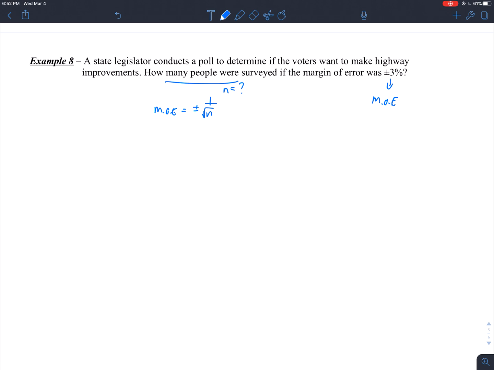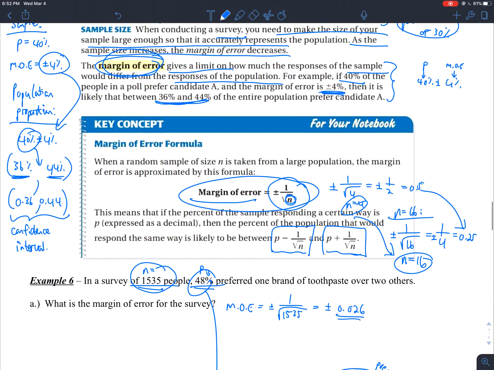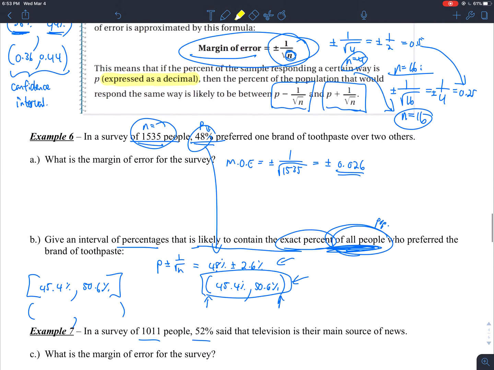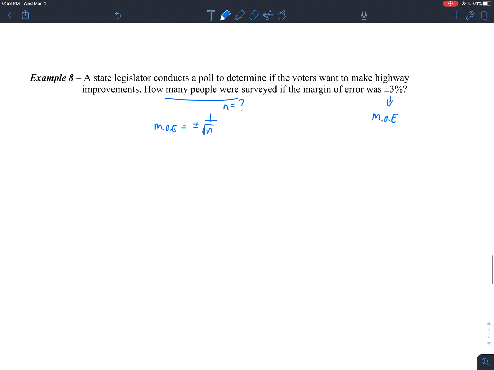Now please remember, margin of error according to this formula is always a decimal, okay? It says right here expressed as a decimal. And when we calculate it, we get a decimal. But then sometimes we write it as a percent. You can also write this as a decimal if you want, but the textbook likes percentages for this for some reason.